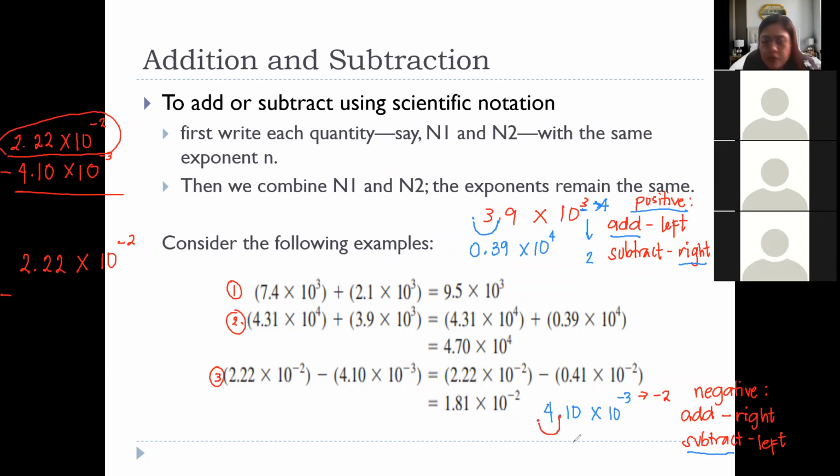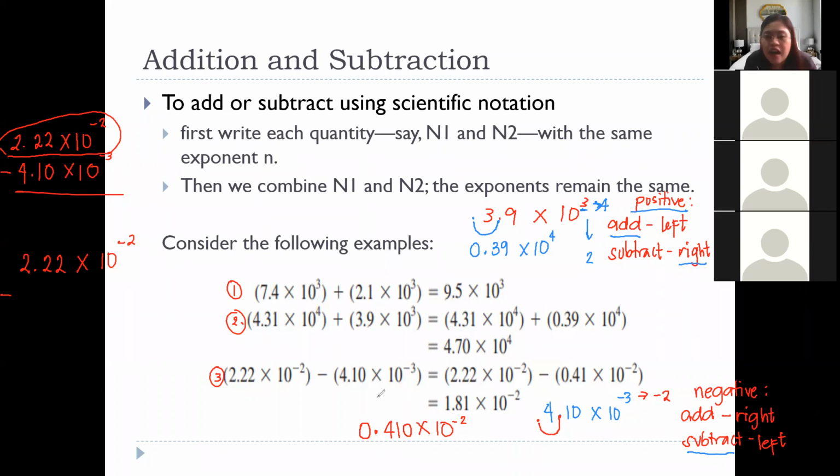So ibutang na to siya dinhi. So mahimo na siya 0.41 or 0.410, pwede ra pod, times 10 raised to the power of negative 2 na siya. Okay, pwede po nato siya butangan og 0 dinhi. Pwede na po nato i-apil ang 0 kagaina kay 4.10 man siya.